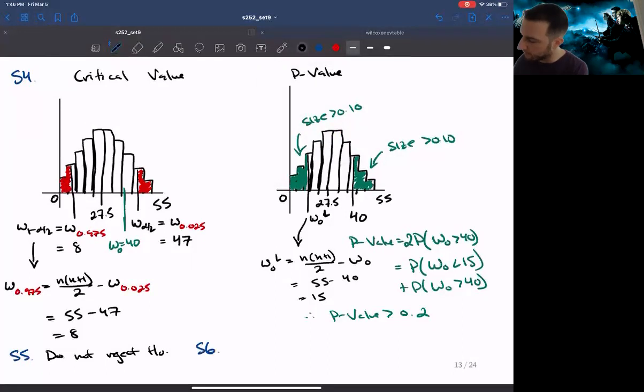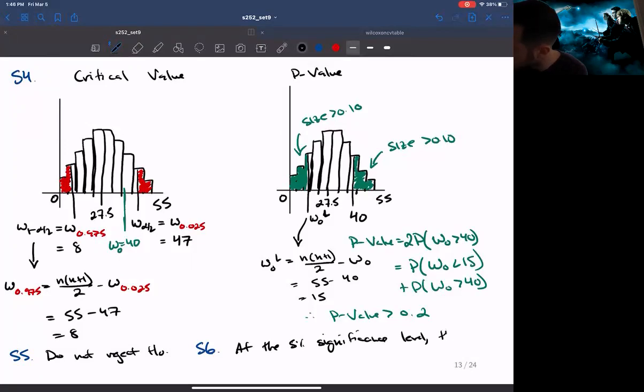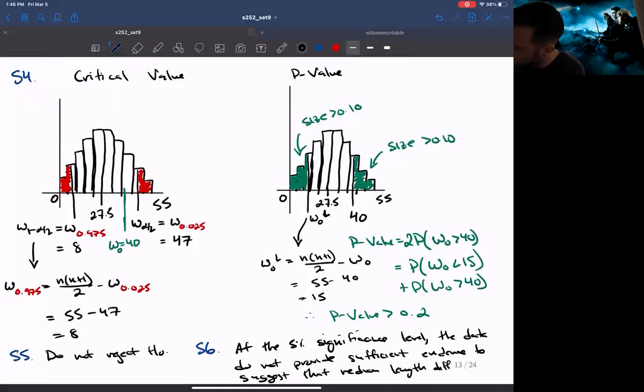So then on step 6, we can say at the 5% significance level, the data do not provide sufficient evidence to suggest that median length differs from 3.7.